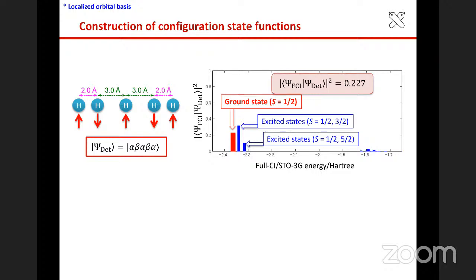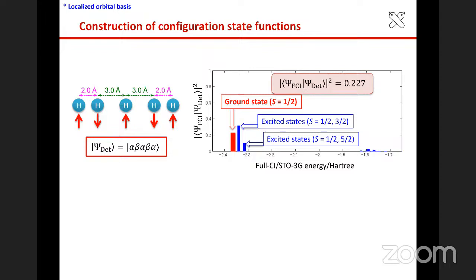If we use this determinant as the input of QPE, the probability of obtaining the ground state is just 0.227. And actually, the S equals 1 state has a larger probability than the ground state.